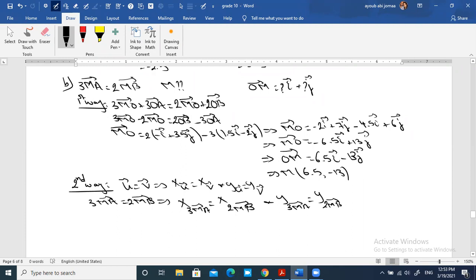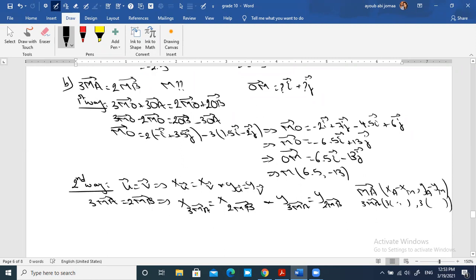How to find the x of vector 3MA? Vector MA has components xA minus xM and yA minus yM. If you multiply by 3, it means 3MA is 3 times this and 3 times this.